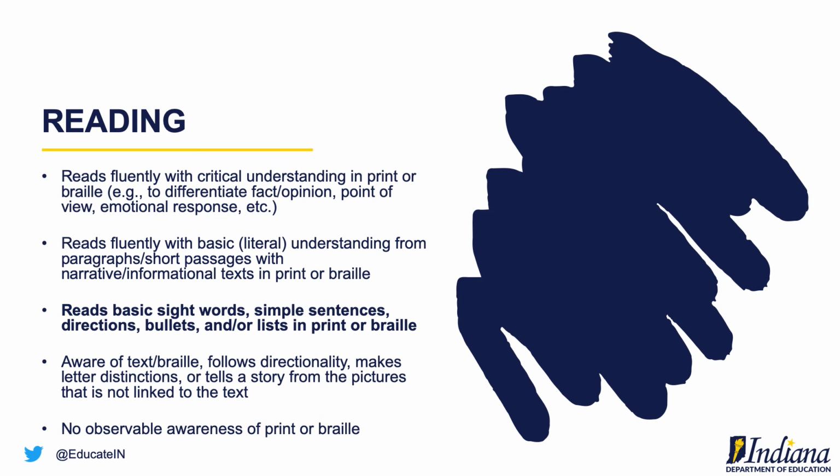The 10th indicator addresses the student's reading abilities. Nearly 36% of students who participated in IAM in 2019 were able to read basic sight words, simple sentences, directions, bullets, and/or lists in print or braille, as indicated in bold print. Nearly 19% are aware of text or braille, can make letter distinctions, and/or tell a story from the pictures that is not linked to the text.